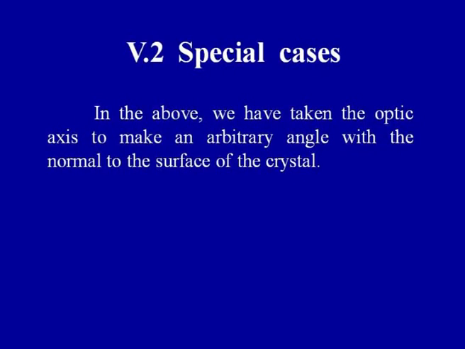We shall now consider some special cases. In the above, we have taken the optic axis to make an arbitrary angle with the normal to the surface of the crystal. We shall now consider special cases.